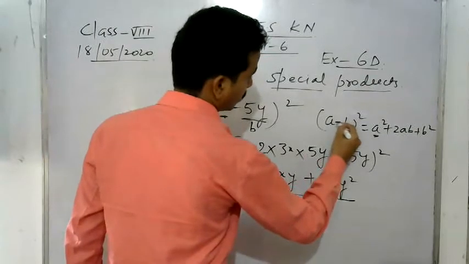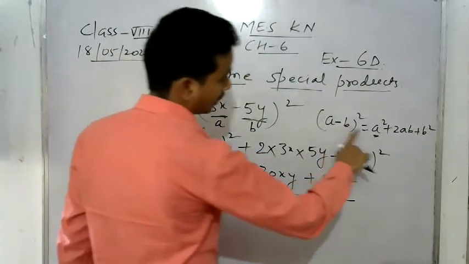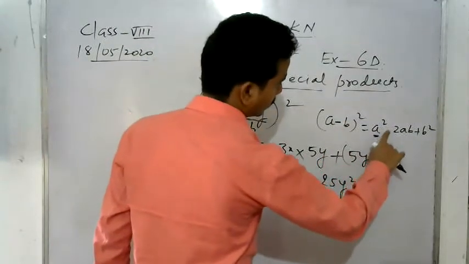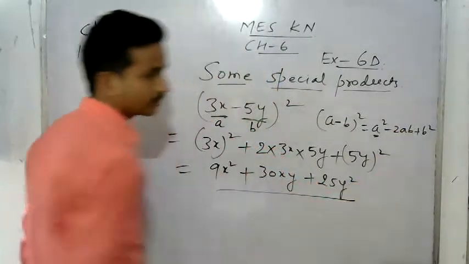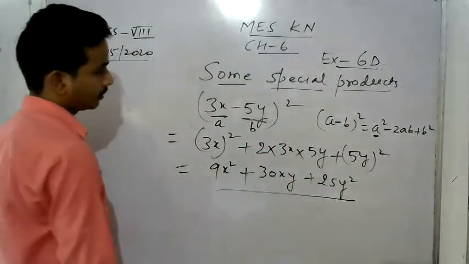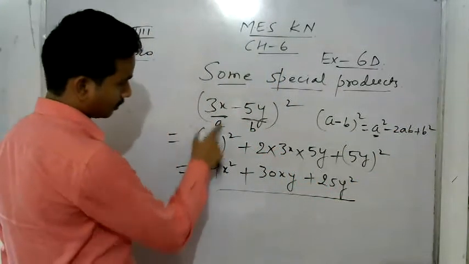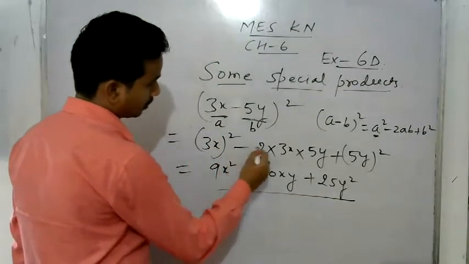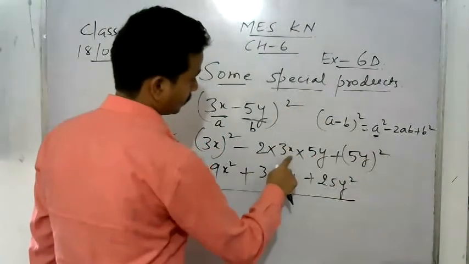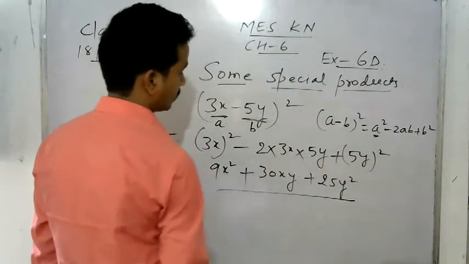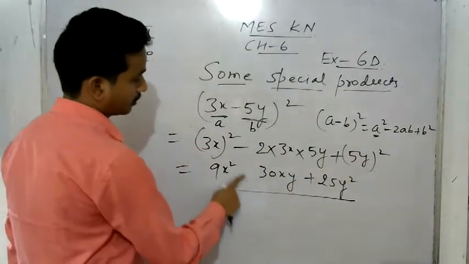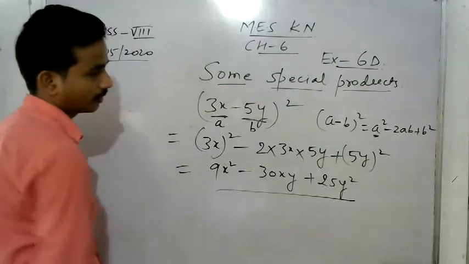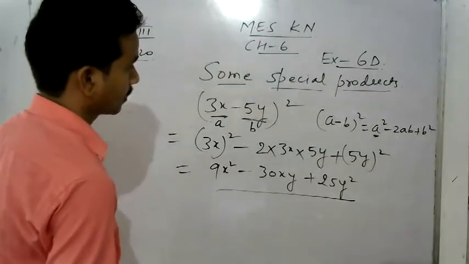What was the formula? a square minus 2ab plus b square. So the only change is that a square is the same, and here the sign changes: minus 2 into a into b plus b square. Here only the sign will be changed. In this way you will apply this formula.